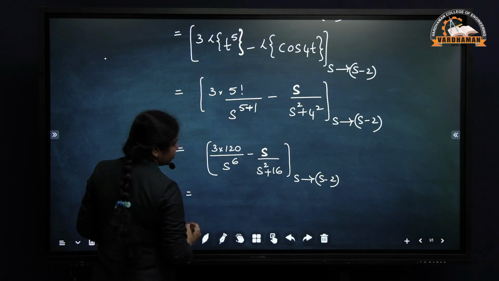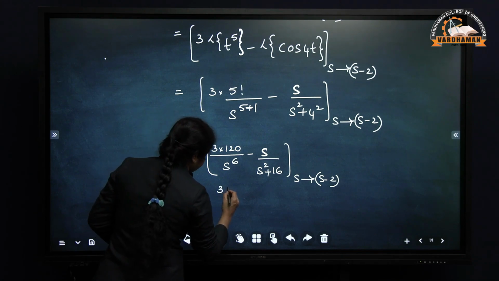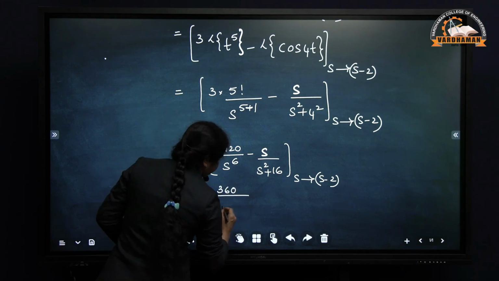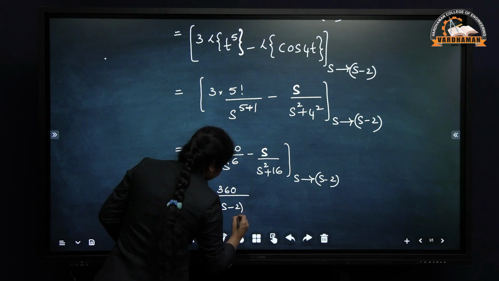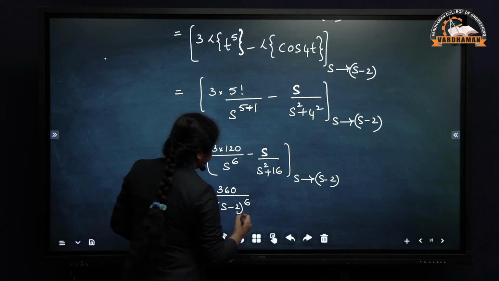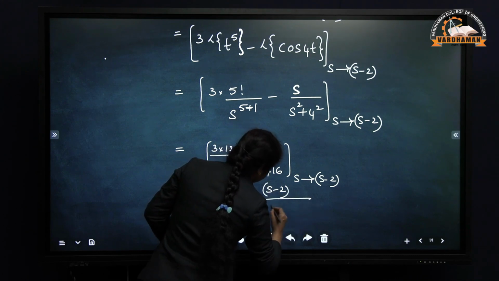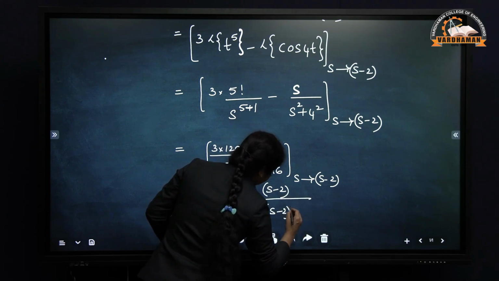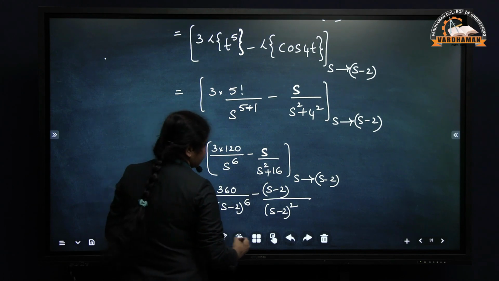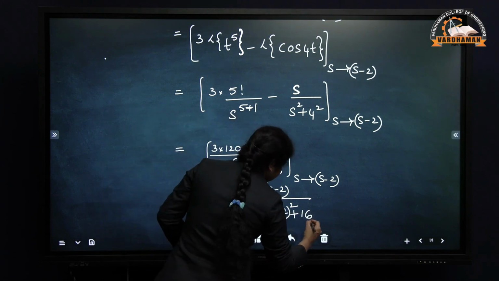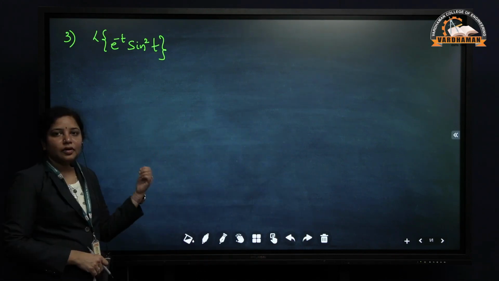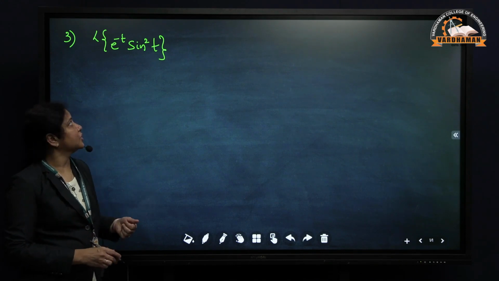So by changing s to s minus 2 we get the final result as 360 by s minus 2 whole power 6 minus s minus 2 by s minus 2 whole square plus 16.